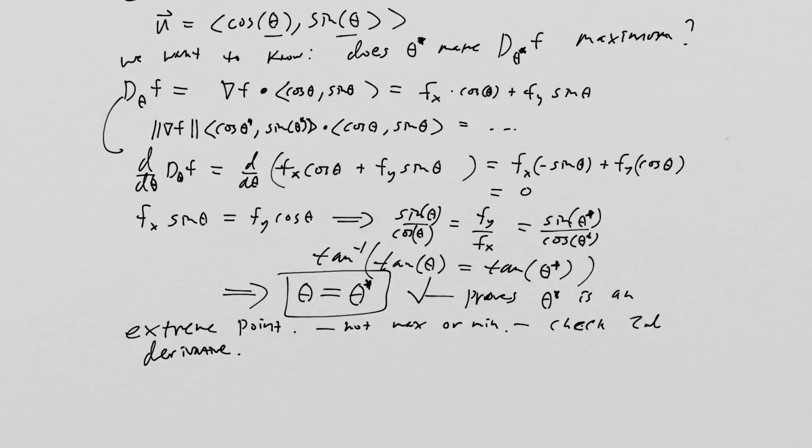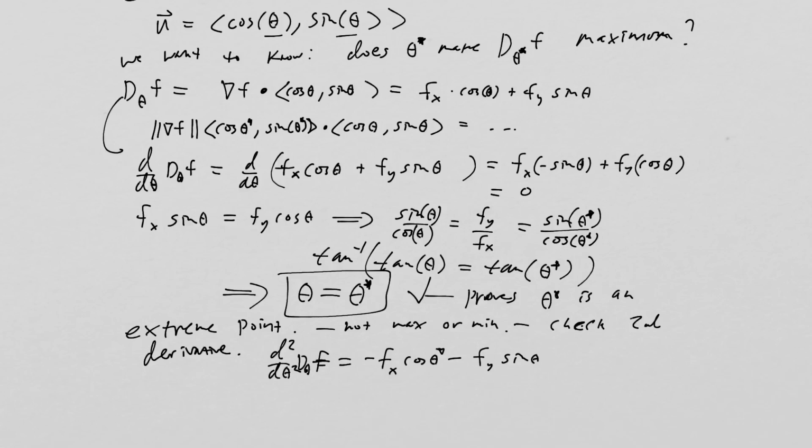Shall we do it? Let's see. We could do it, I suppose. Yeah, why don't we do it? Let's give it a go. So the second derivative, d theta squared of f, is going to be the derivative of d theta f, which is, of course, fx times negative cosine theta minus fy times sine theta.